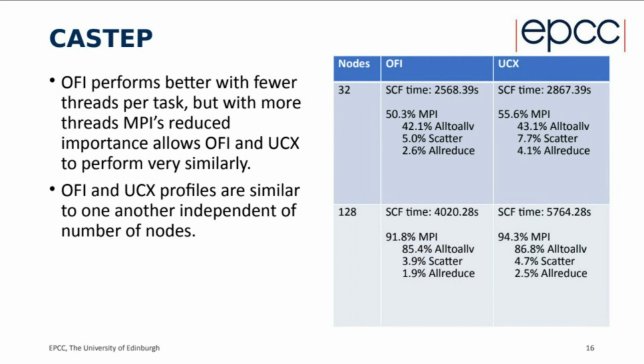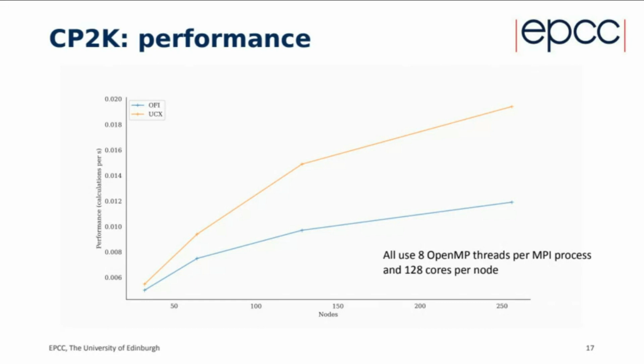If we move on to the next benchmark, we do see a larger difference. This is CP2K, another materials modeling code, but it works in a slightly different way to CASTEP. It uses different algorithms. You can see that the OFI performance is a lot worse than UCX here, even at lower node counts where the scaling was still quite good.